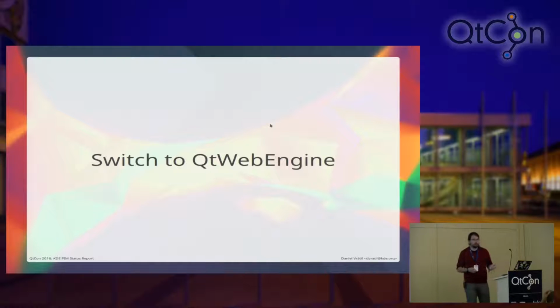With the latest version of Qt, WebKit was deprecated, and since email is one of the possible vectors of attack for attackers who try to get into your computers, it's better to have a rendering engine which is updated and secure. So we decided to switch to QtWebEngine. I know distributions hate us for it now, but I think in the long term it will turn out to be a good decision.